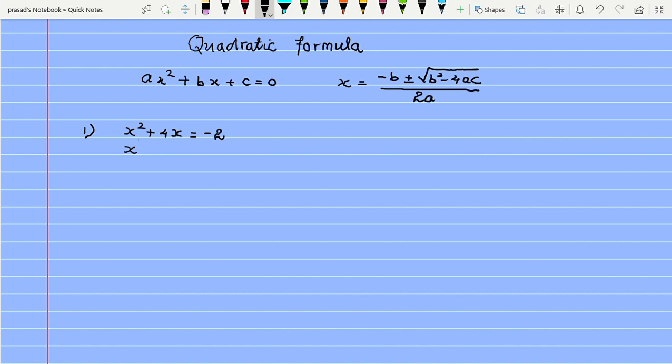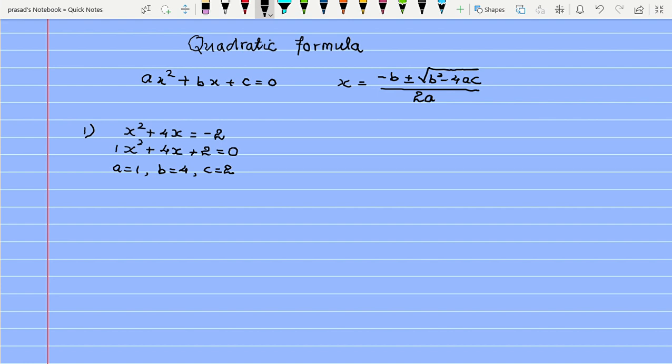Take negative 2 on the left hand side, so it will become positive 2, and then the right hand side will become 0. Now compare this with ax square plus bx plus c is equal to 0. So that will give you a is equal to 1, b is equal to 4, and c is equal to 2.